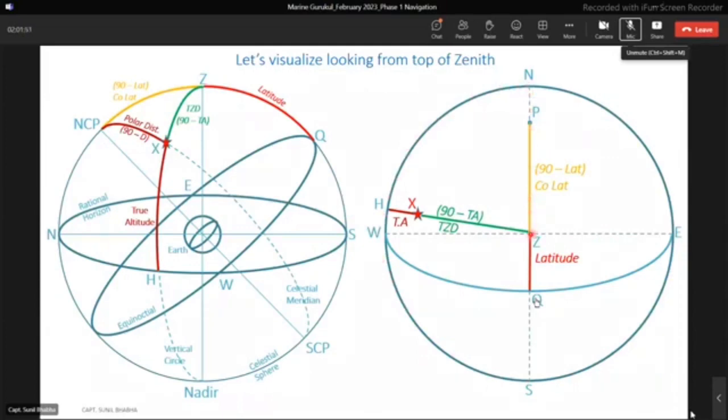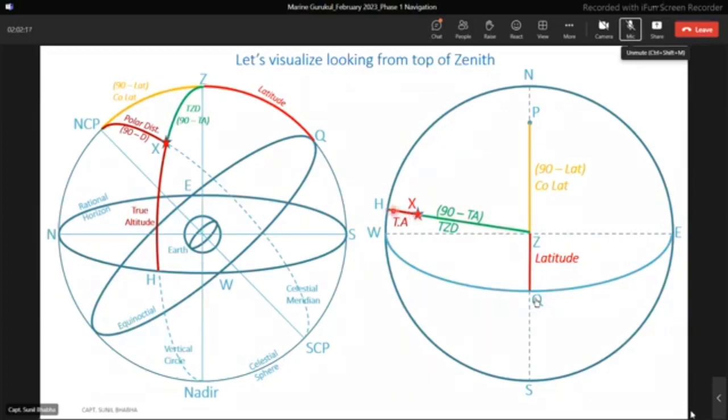So this indirectly tells us that the radius of this particular diagram is 90 degrees. That means from Z, if you go to the rational horizon in any direction, it will be a 90 degree arc. So from Z, if you move towards H, Z to H is total 90 degrees.